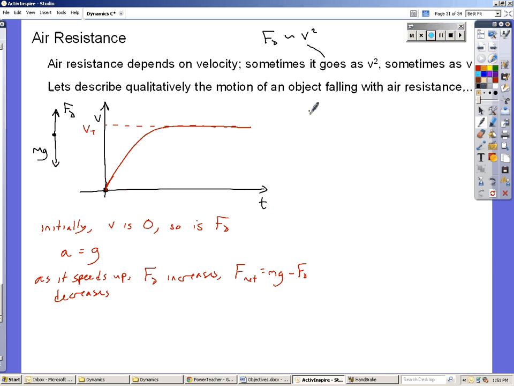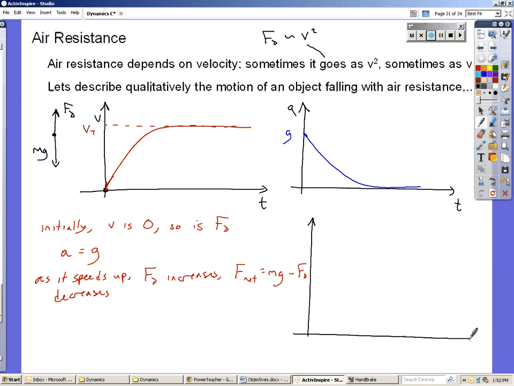We can also plot acceleration versus time, and that's going to start out at g and gradually approach 0. And the last thing we can do is plot position versus time. Here we're taking downward to be positive.